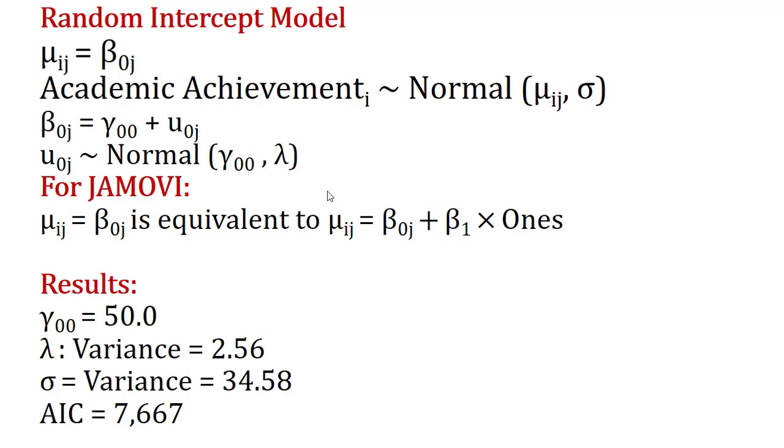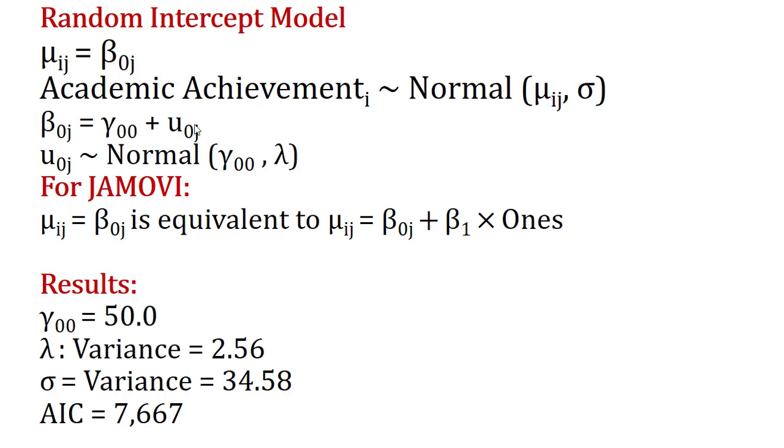Remember, AIC receives a penalty for adding parameters. So we want a model that predicts academic achievement with fewer parameters. And the trick is doing this.